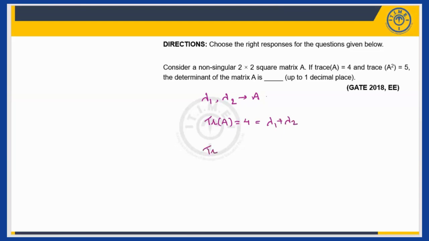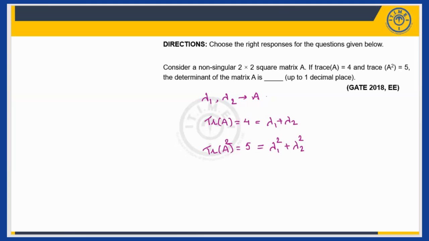And trace of A square is 5, that is lambda 1 square plus lambda 2 square. So we want the determinant of the matrix, which is the product of eigenvalues. That means if I find lambda 1 into lambda 2, then I'll get my required answer, right?